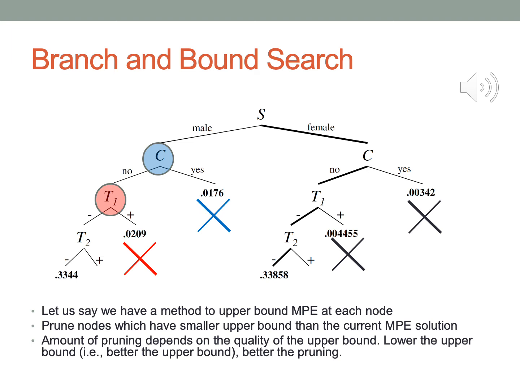Why? Because the upper bound is smaller than our current best solution, which is 0.3344. Therefore, we can prune the subtree which is rooted at C equals yes. Continuing further, we can prune all subtrees, and you can verify this, marked with a cross. The optimal solution is shown in bold, and the optimal value is 0.33858.